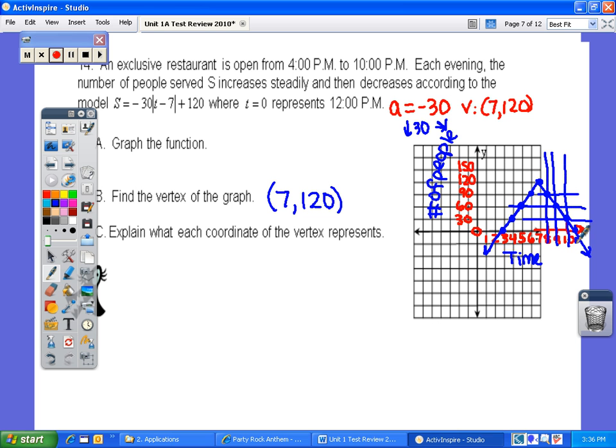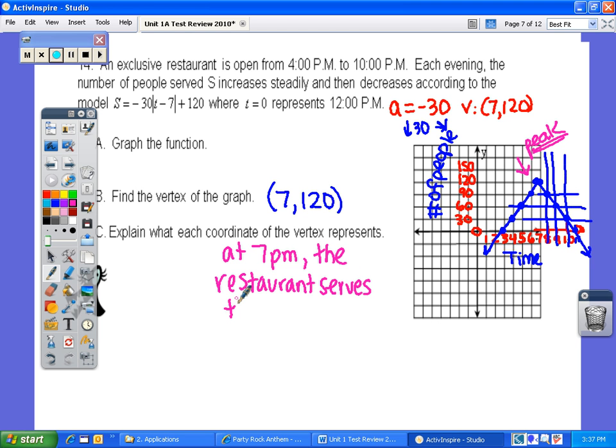So at 120 you notice it's the highest point. That highest point can be looked at in a business as the peak. Okay, so since that's the highest point, what this represents is at 7 p.m. the restaurant serves the most amount of people, which is 120 people.